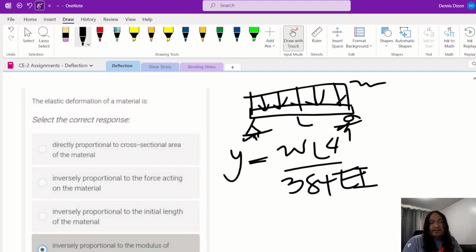So that is your maximum deflection. And then if it is a concentrated load, then you have PL cubed over 48 EI.